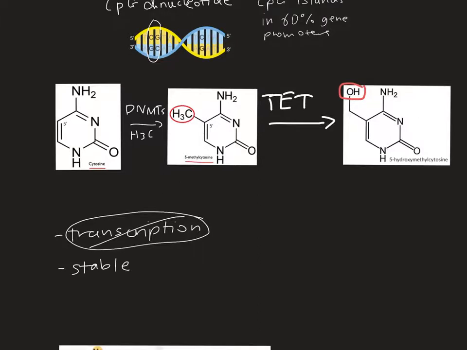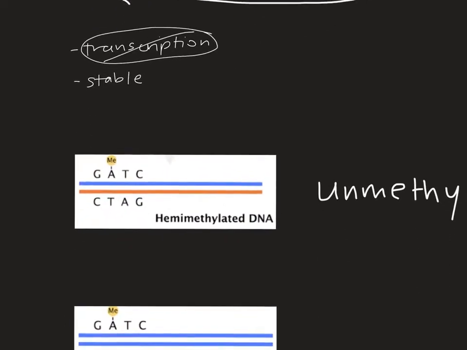This converts it to 5-hydroxymethylcytosine, which makes it possible to turn it back into unmethylated cytosine. Passive demethylation is merely the loss of 5-methylcytosine through repeated rounds of DNA replication, which happens when there is a lack of DNMTs. Speaking of DNMTs, I want to take a step back to these trusty enzymes.